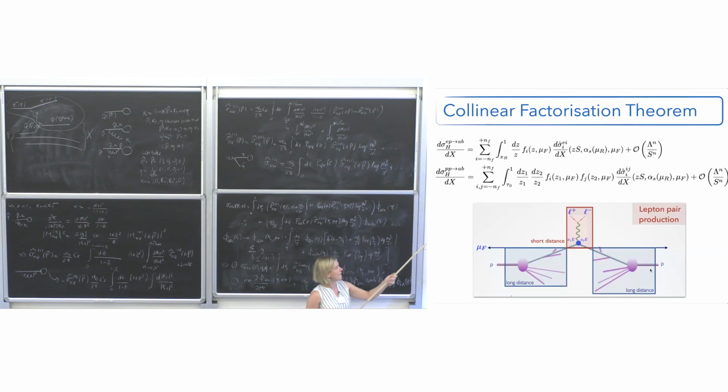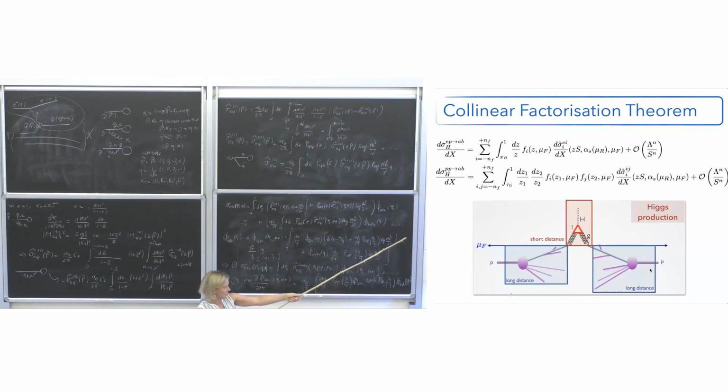So whether you have a DIS process where you have just one PDF at a time, or a proton-proton collision where you've got two PDFs, we assume that these PDFs are always the same. This is the reason why people can do global analysis of PDFs, by extracting them from experimental data that involve both one proton or two at the same time. So no matter whether you produce a lepton pair or a Higgs, whenever we give predictions in the collinear factorization framework, we always assume that the PDFs are the same.